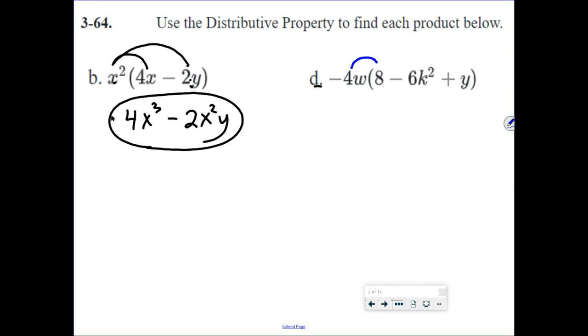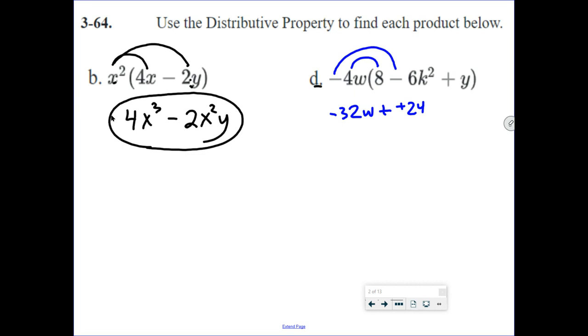Okay, so I'm going to multiply here. 8 times negative 4 would be negative 32w. And then I do negative 4w times negative, and you're like, that's not negative. Well, okay, fine, we do plus negative, now it's negative. So you can do it either way. You can say it's positive, so I do negative 4 times positive 6, which is negative 24, so then I have minus negative 24, which would turn into plus positive.